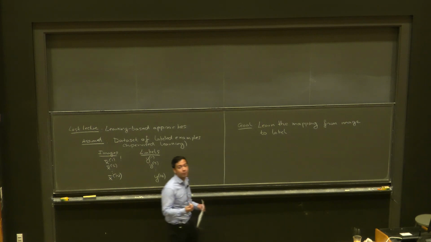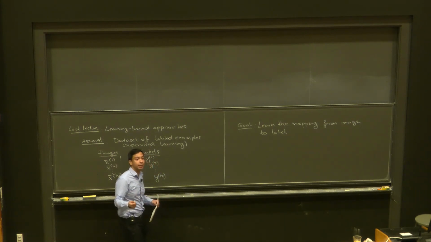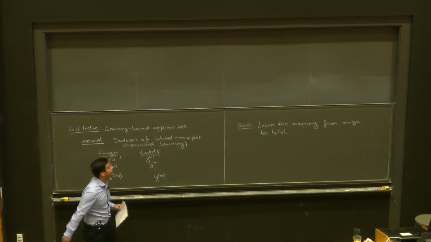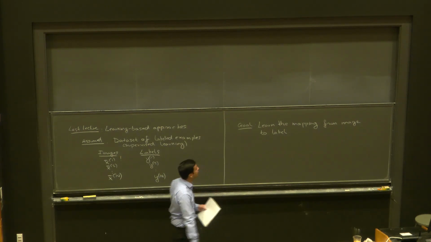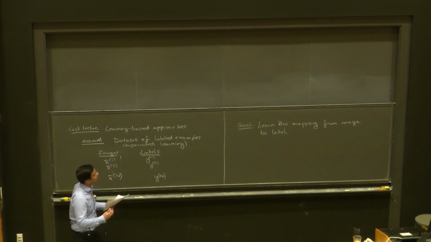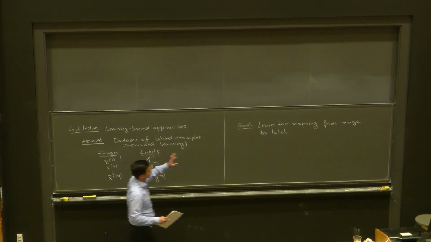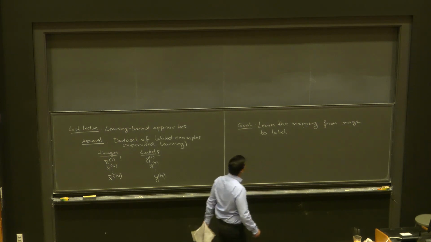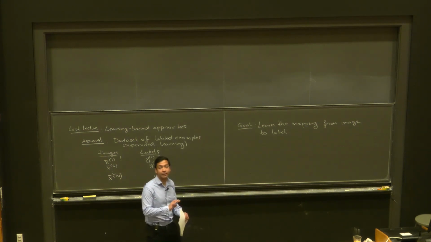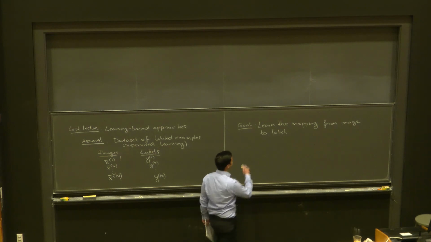What we want is, given some new image that was not part of our training data set, to be able to say whether there's a pedestrian in the image or not. The way we learn this is with the help of the data set that we're given. At least for now, we're looking at a particularly simple class of functions.